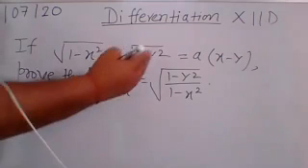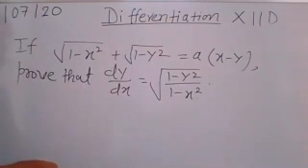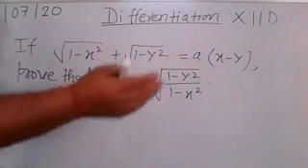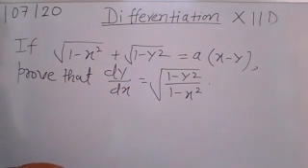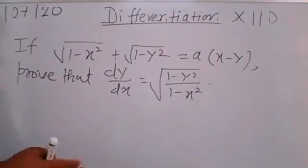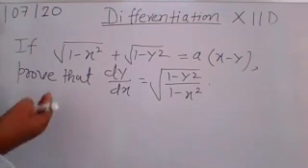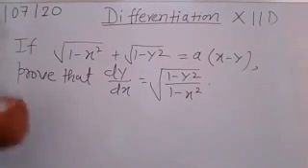In the same way, y to the power 6 is written as (y cube) whole square, and on the right side you have a(x cube − y cube). In that question you assume x cube is equal to sin θ and y cube is equal to sin φ. In the same way, this can also be solved.